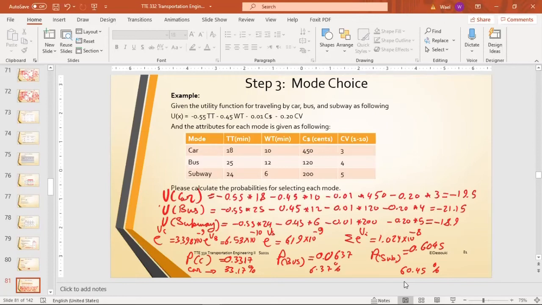Doctor, yes. If we add the last three numbers, we will get 100%, right? Yes. We can check from this if our calculation is right. Let's just add the 60.45 plus 6.37 plus 33.17.